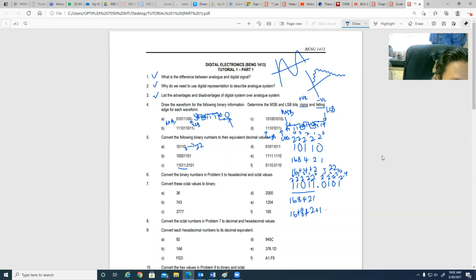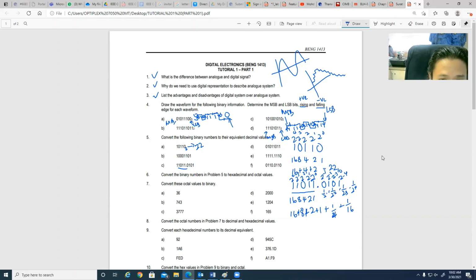Then the fractional part, 1 over 2, plus 0, plus 1 over 8, plus 1 over 16.